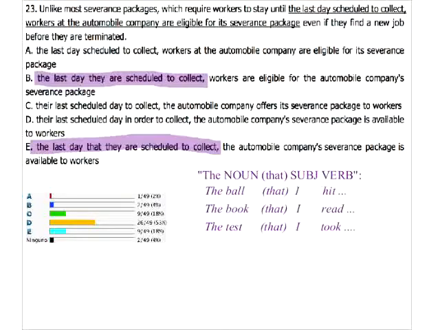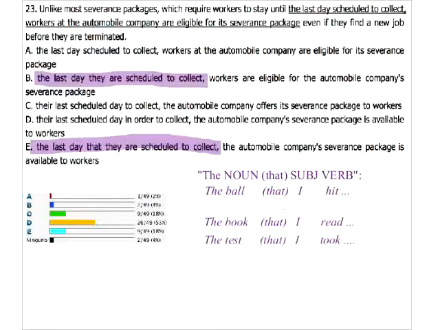Unless it actually clarifies something. What do all these things have in common? So how does this construction work? Yeah, I hit the ball is what the ball that I hit means. In other words, if you know what an object of a verb is, that's kind of what this is.